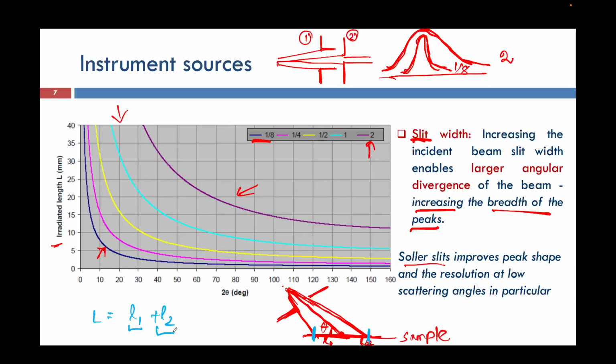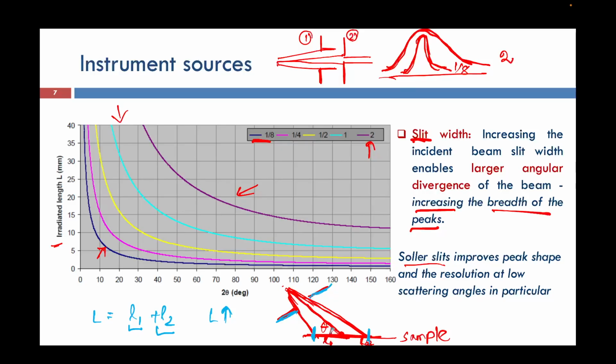Now see, if I increase the width of these slits, then eventually my L will also increase, right? So my irradiated length will also increase, and accordingly I will get broadening at lower angles.